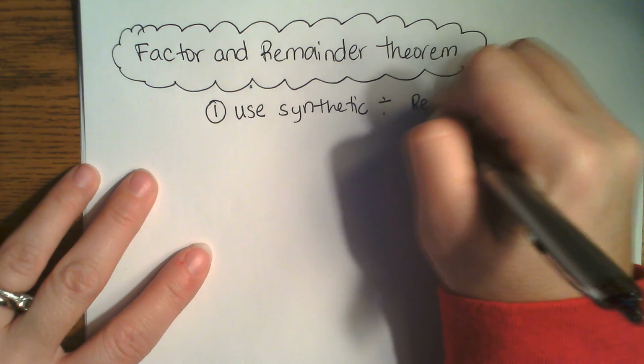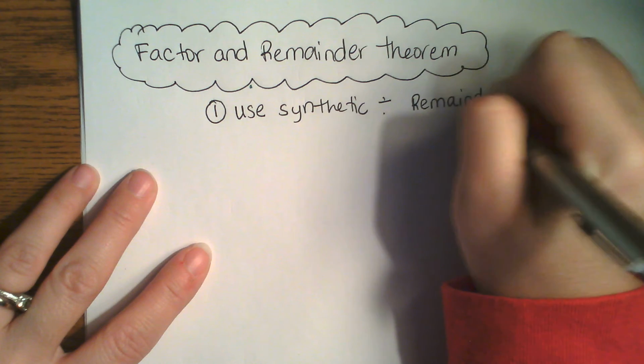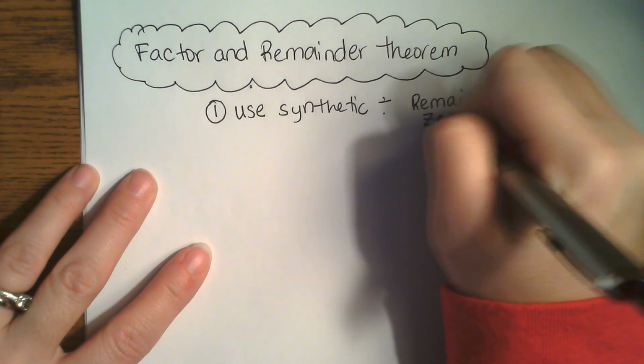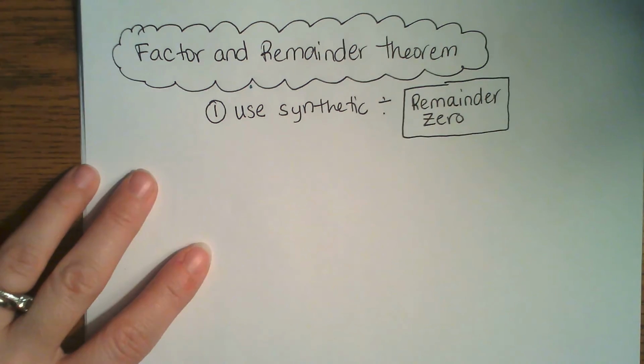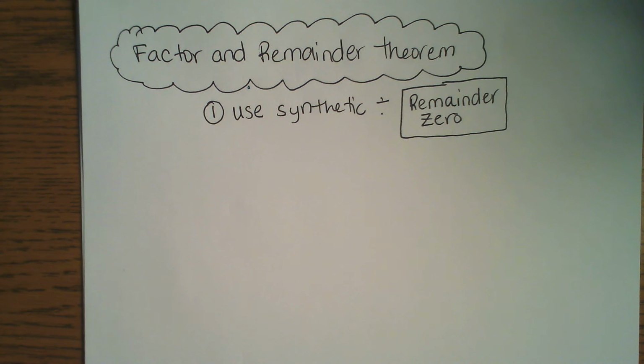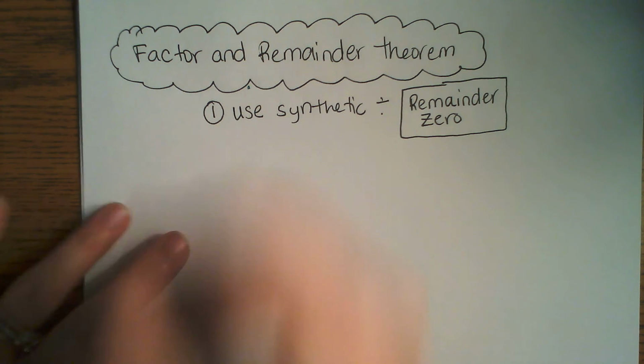You're going to get a remainder of 0. For sure, for sure. So this is when you were mentally looking for that, because in the directions it'll say one factor has been given. The fact that they use the word given tells you the remainder is 0.